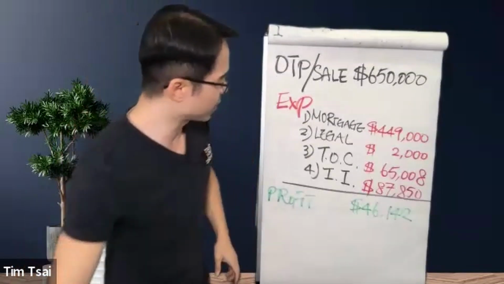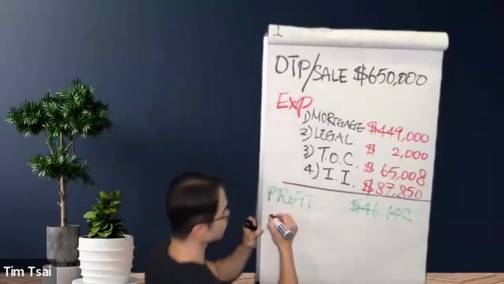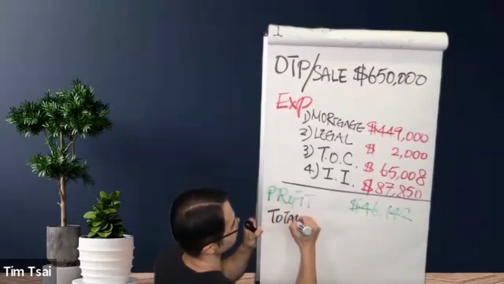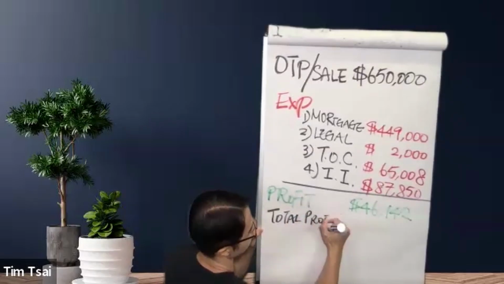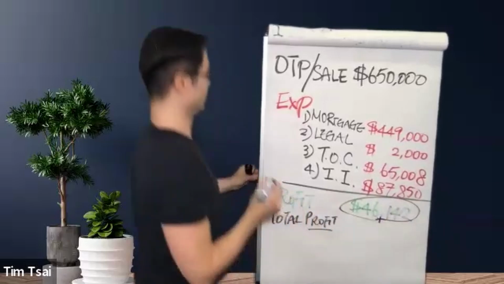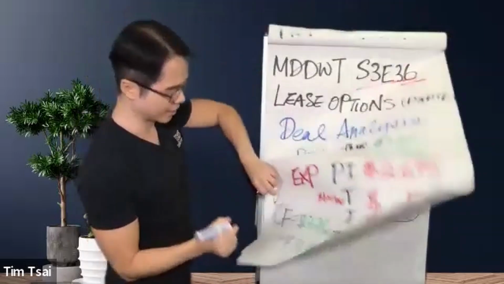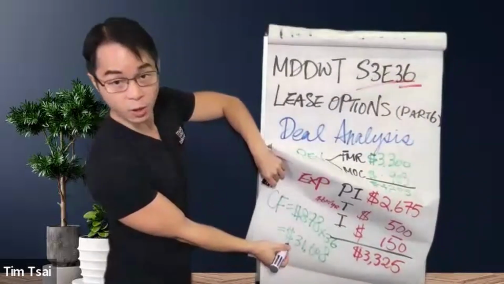On that note, let's take a look at our total profit. Total profit from the deal would be this number plus our cash flow number. Now you know why we pre-did it: 31,608.